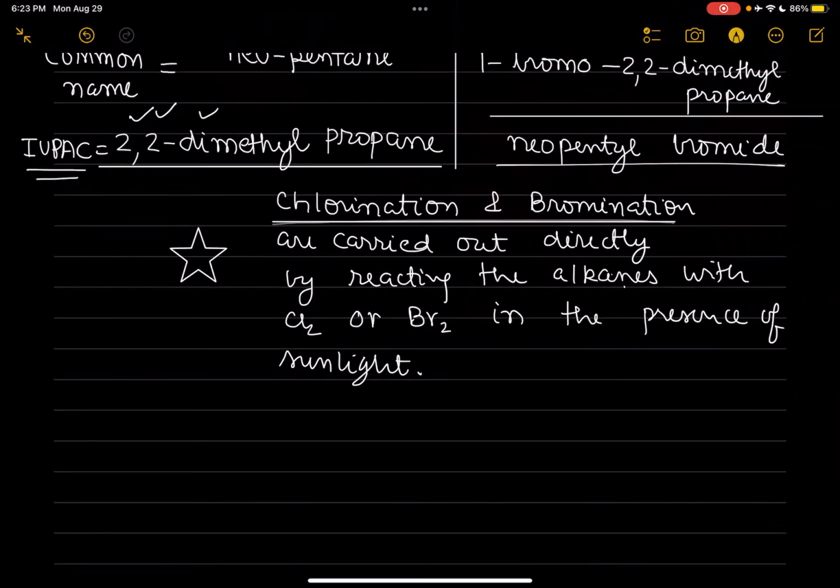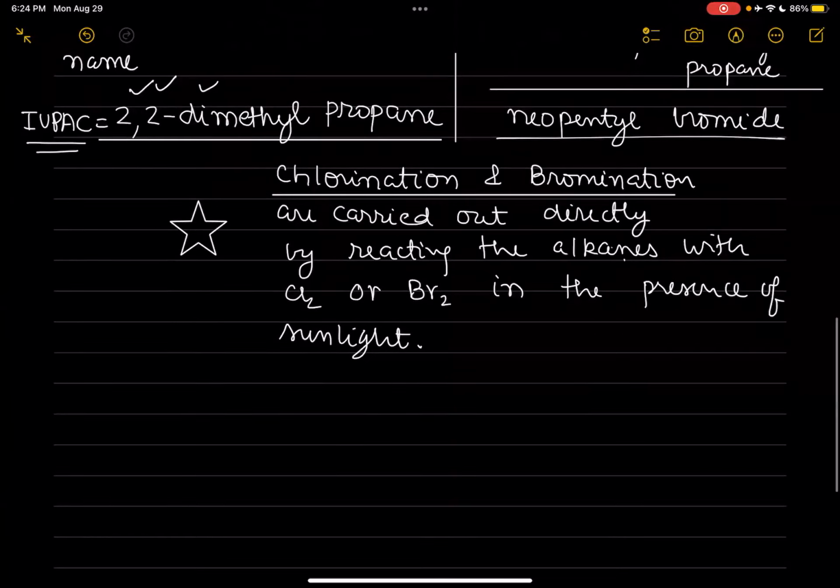But why can't we prepare fluoroalkane and iodoalkane? Because we have four halogens: fluorine, chlorine, bromine, and iodine. Only the middle two can be attached by reacting the alkane with chlorine or bromine in the presence of sunlight.